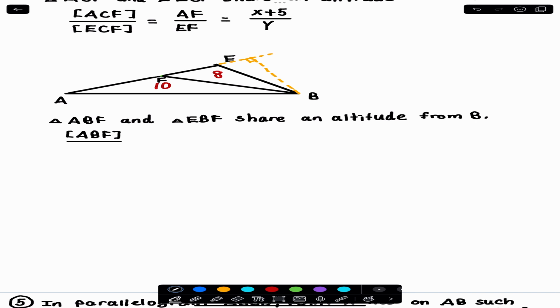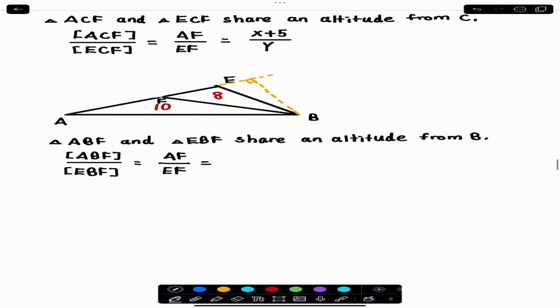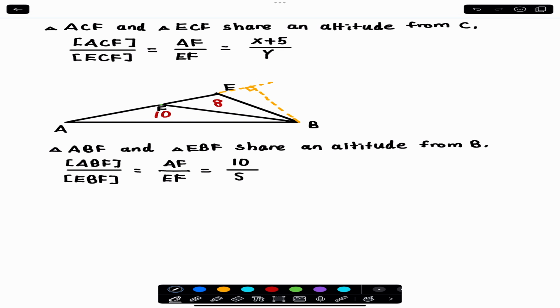Let's take some ratios. The area of triangle ABF is 10, and the area of triangle EBF is 8.